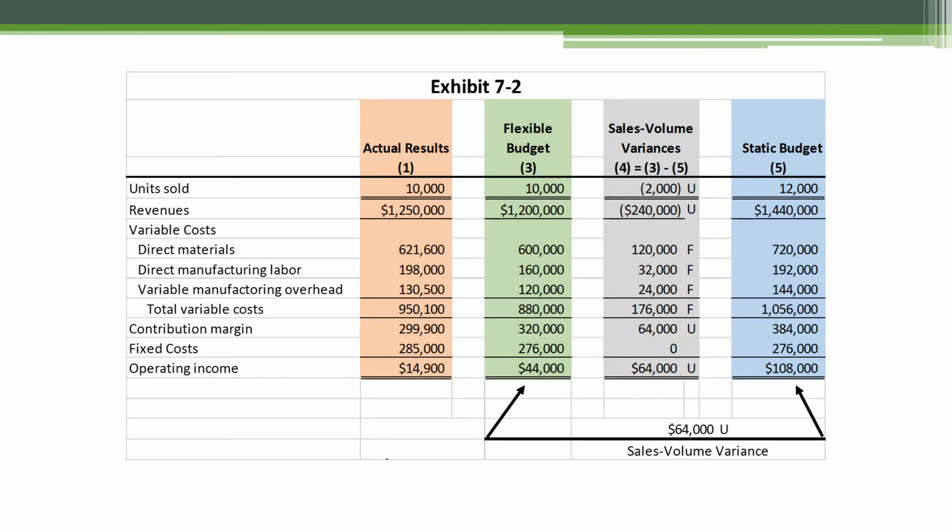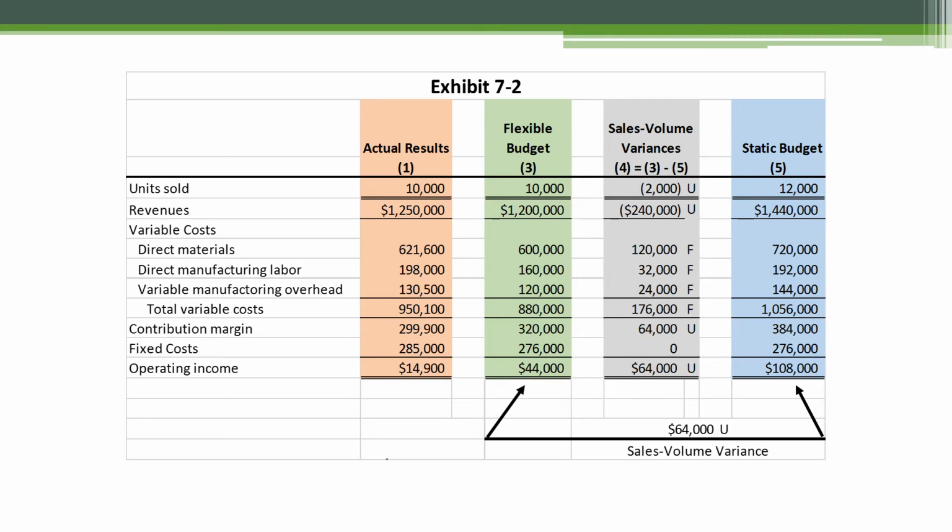Now the next line, you're going to see a zero in the fixed cost. This is because the change in sales had zero effect on fixed cost. Fixed costs are fixed. It didn't matter whether we sold the 12,000 or the 10,000, because we're using the budgeted amounts to develop the sales volume variance. The budgeted amount was 276.